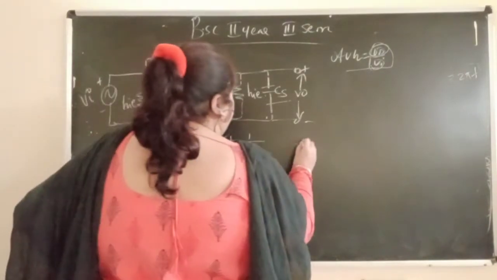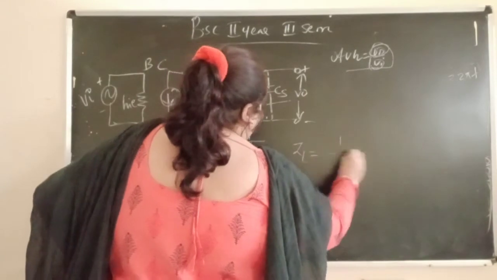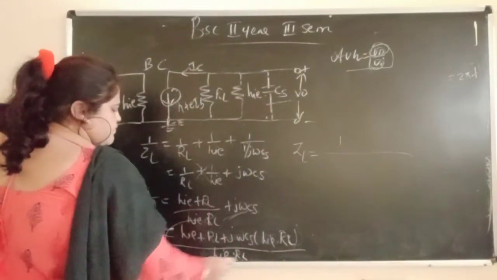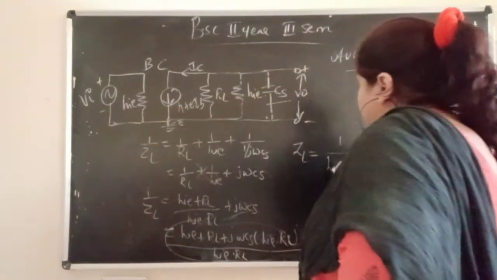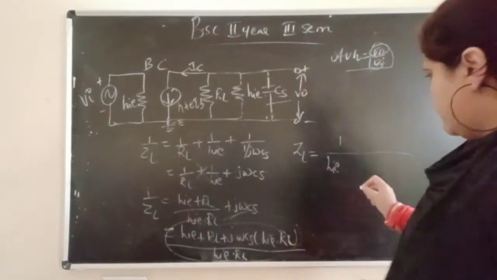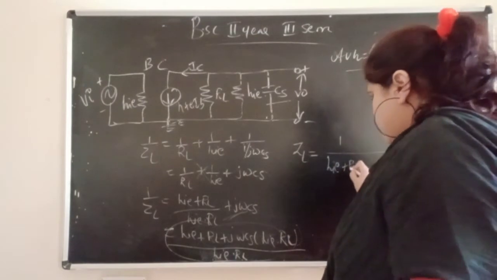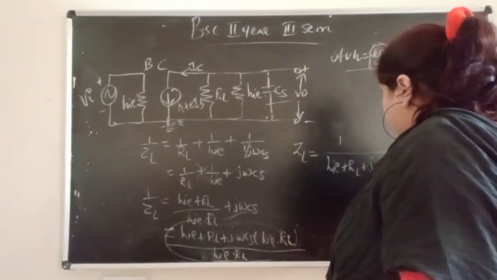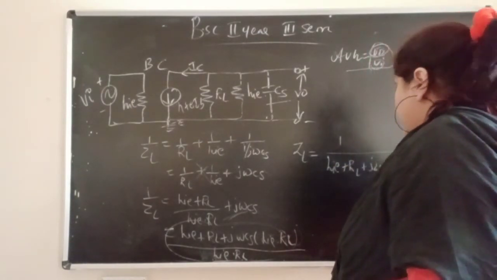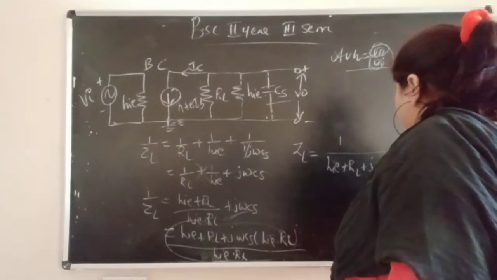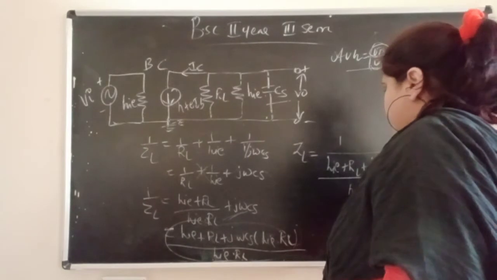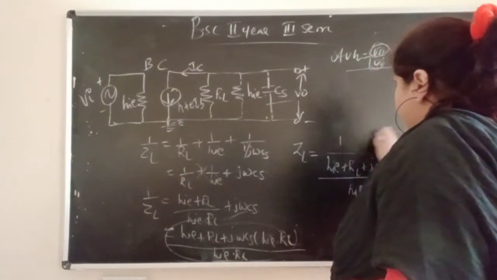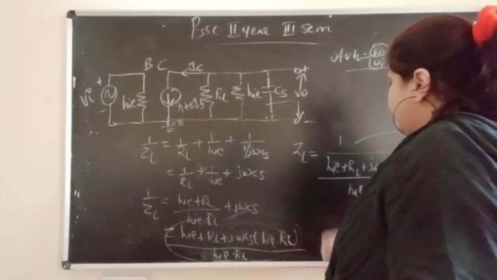What will I do now? I want only ZL, so 1 by this whole equation. I will write 1 by (HIE plus RL) by (HIE RL) plus j omega CS. So this will go up and this will come down.